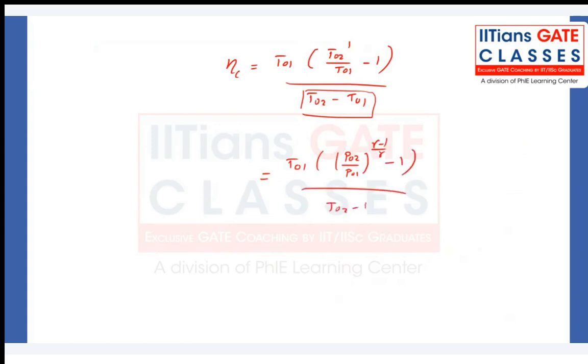So what is P02 by P01? That is the pressure ratio of the compressor that is given in the problem. So I can write pressure ratio represented by pi c to the power of gamma minus 1 by gamma, minus 1, whole divided by T02 minus T01. Now put all the numbers given in the problem. T01 is 300, pressure ratio is 4, gamma is 1.4, T02 is 480.